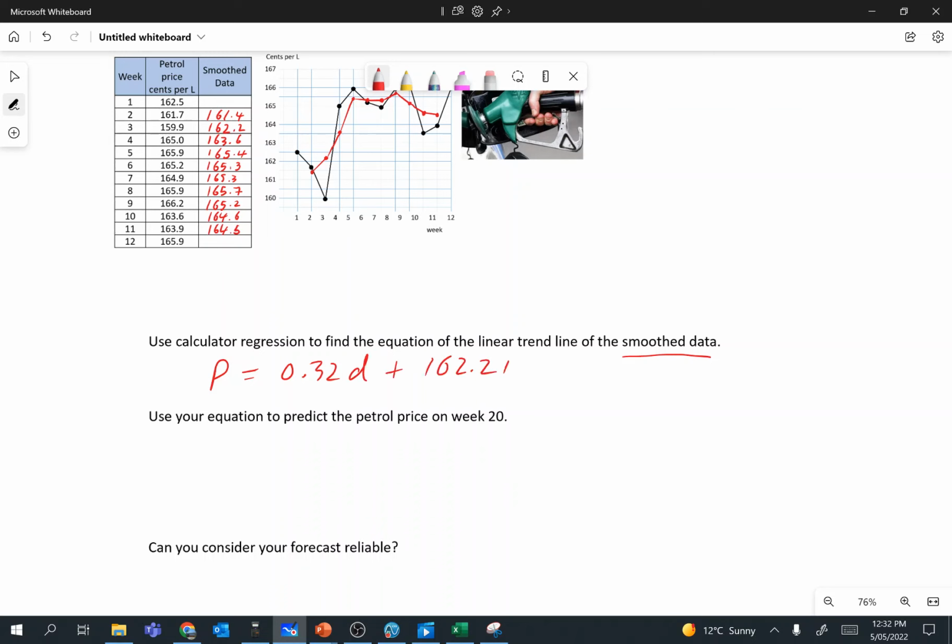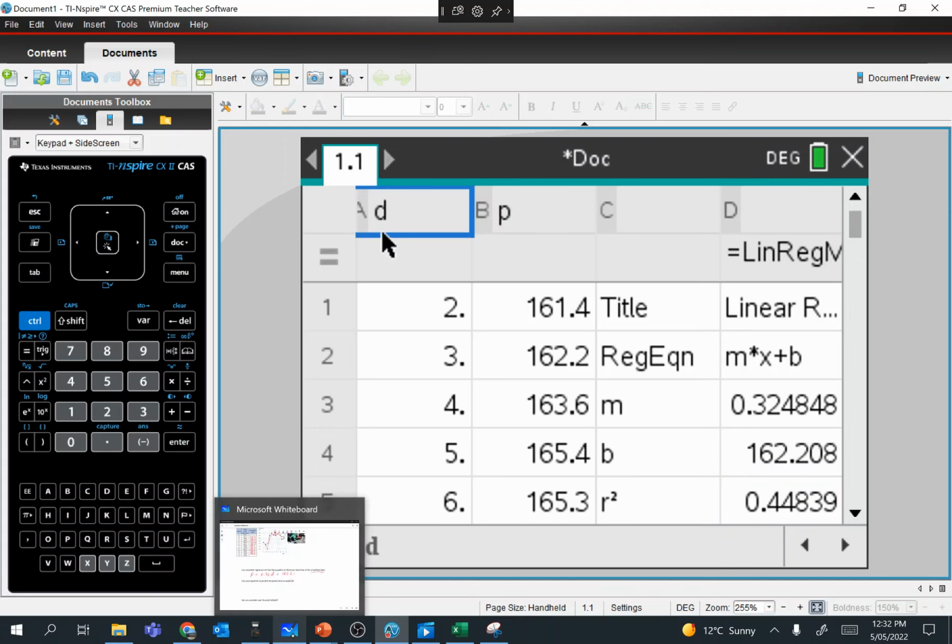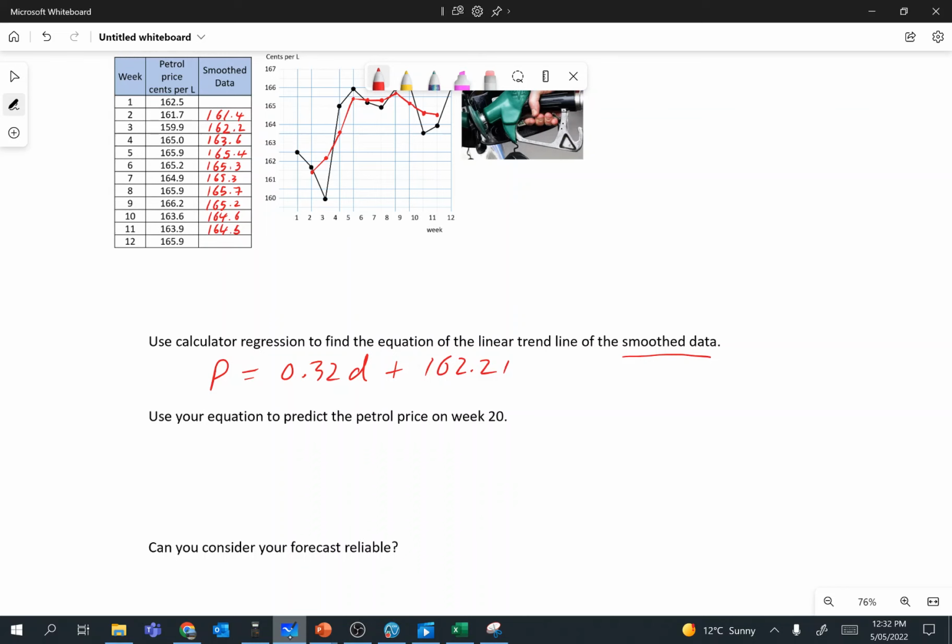So we're going to use the equation to find the petrol price on week 20. Oh, I was calling these days before, they're actually weeks, beg your pardon, sorry about that. When I put D for days in this list, probably would have been better to put W for weeks. So I'm glad I realised that before the end of the video. Right, so week 20, I might change this to a W now, and we've got W equals 20.